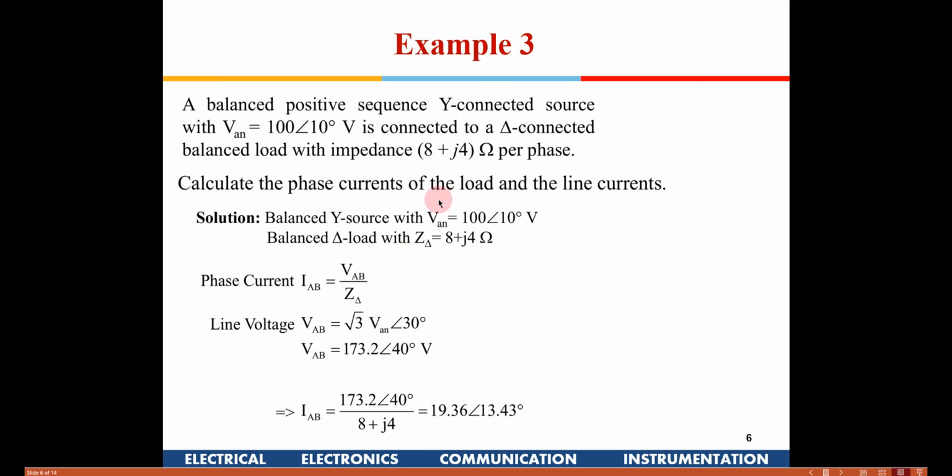Okay, so we'll take one more problem. A balanced positive sequence Y-connected source with V_AN. See, it is clearly specified: it is V_AN, which means it is the phase voltage and not the line voltage. It is 100 at an angle of 10 degrees. Some reference angle they have given; it could have been 0, but they have put it as 10.